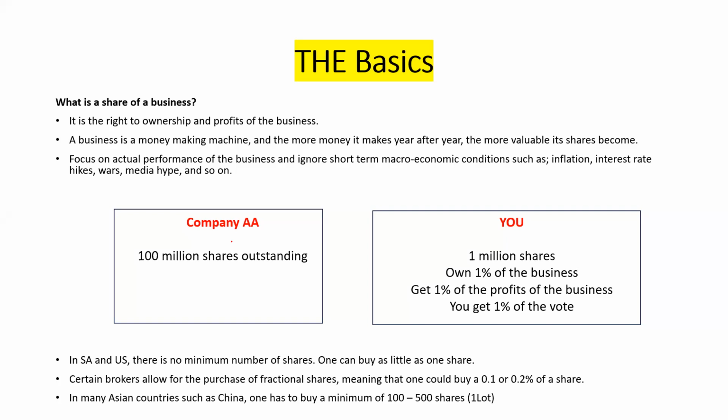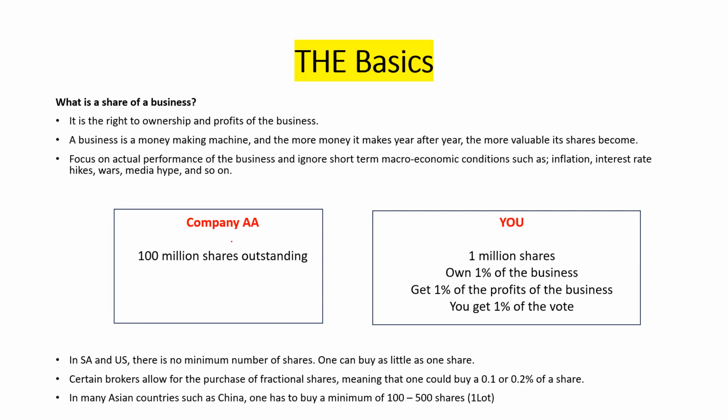Remember the basic principle of investing. We want to invest our money in businesses that are doing well. We do this because we want to make money, isn't it? It's logical to say then that a business is a money-making machine. The more it does well, meaning the more money it makes consistently over time, the higher the value of that business, and therefore the higher the value of the shares you are holding.